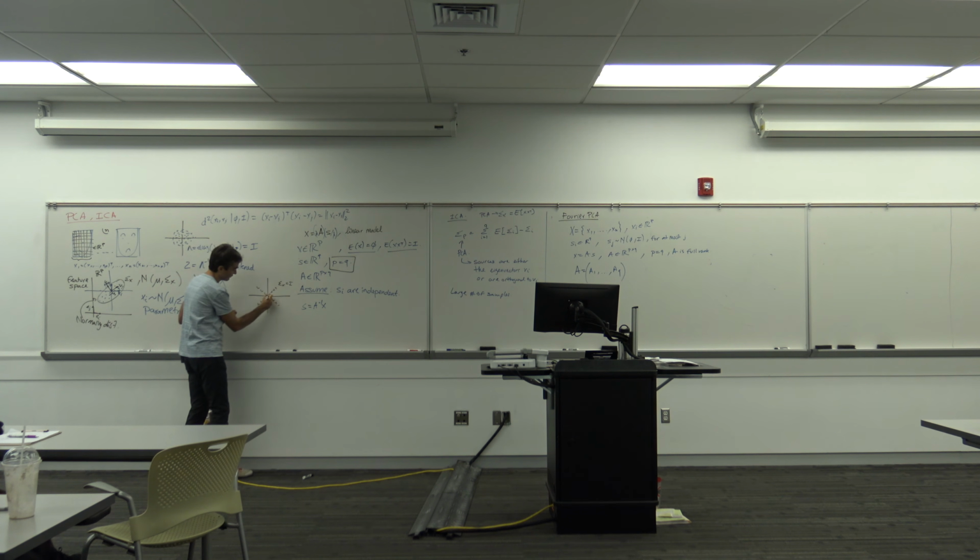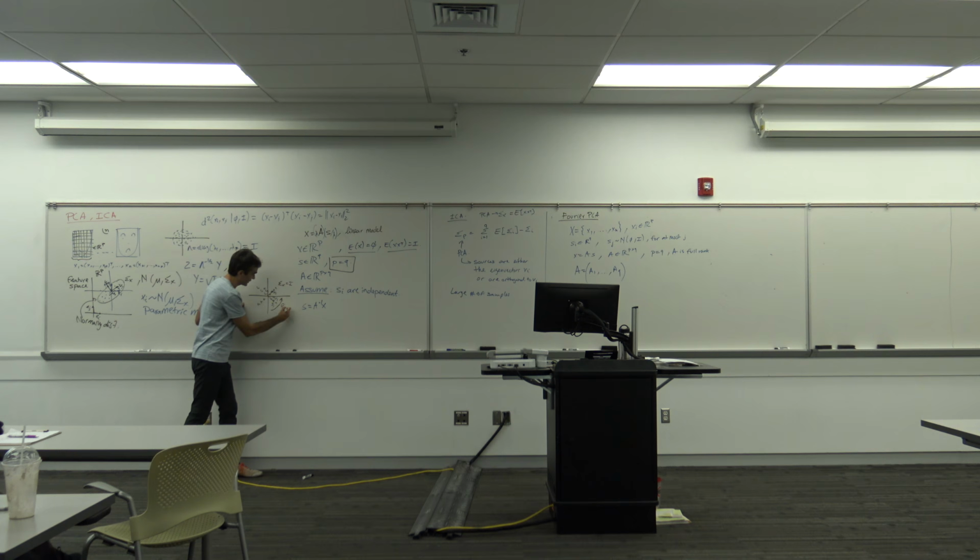And now what I'm looking for is the rotation between my eigenvectors of the covariance matrix and the independent components S1, S2 of my sources. So I'm looking for this rotation.